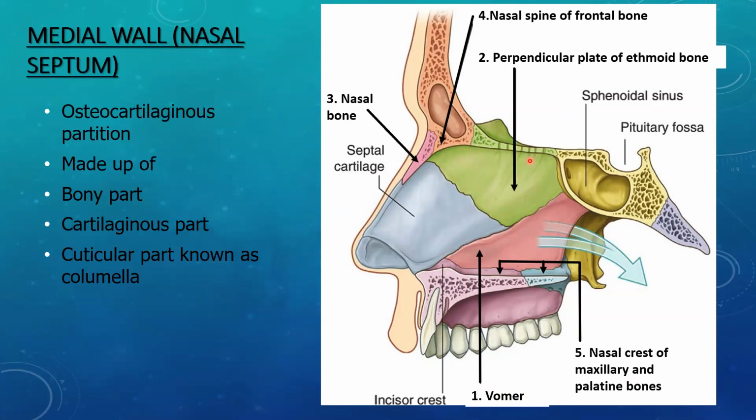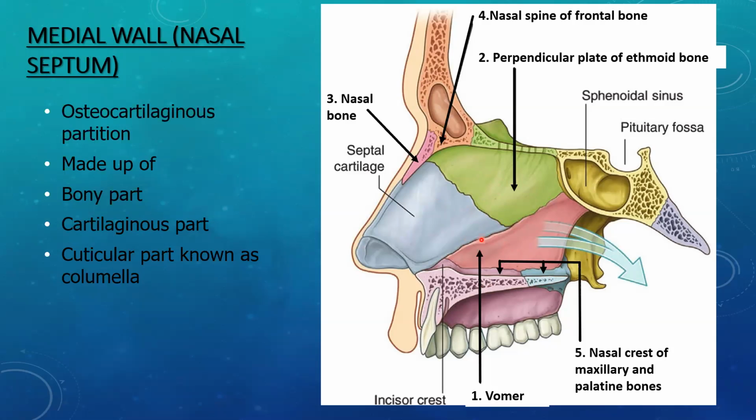Then two above: the nasal bone and the nasal spine of the frontal bone. Below, the nasal crest of the maxillary bone in front and the palatine bone behind. So there are five or six bones forming the nasal septum.